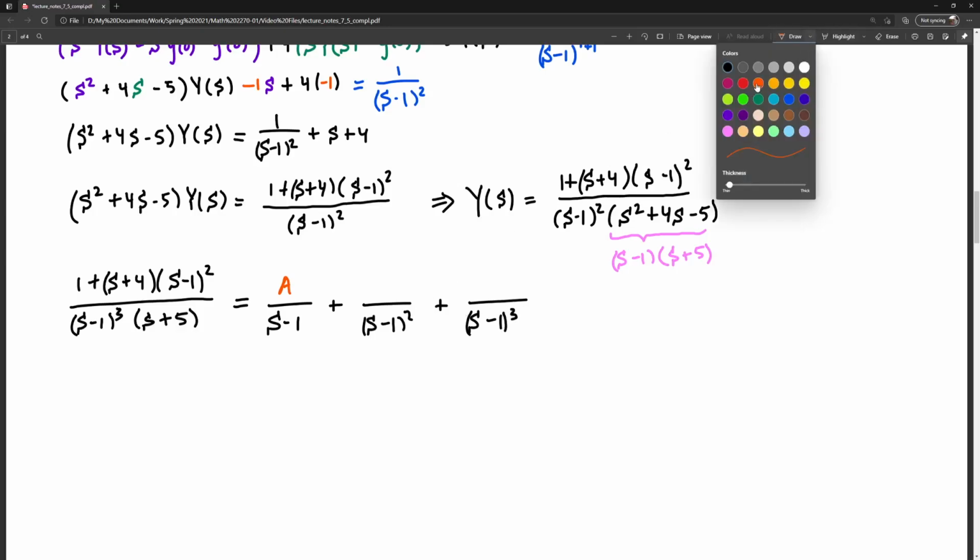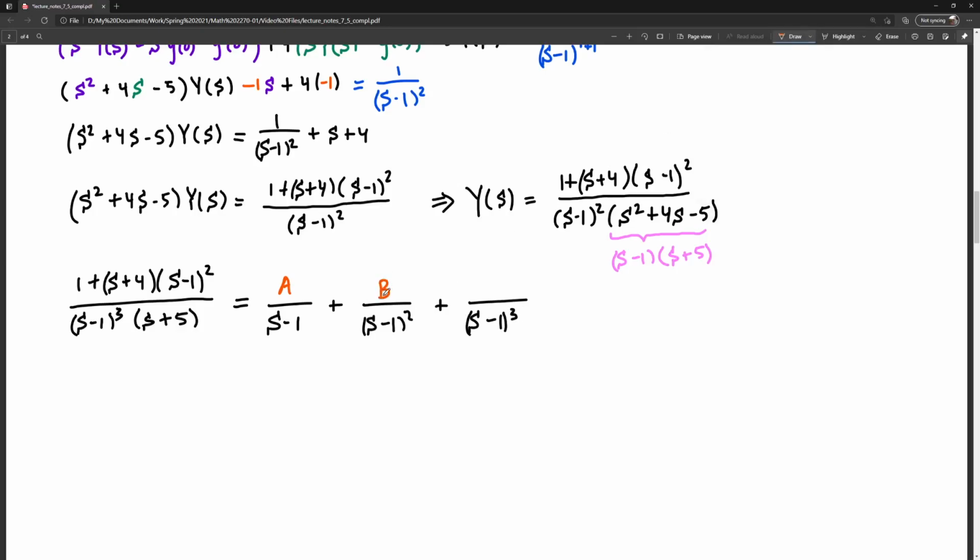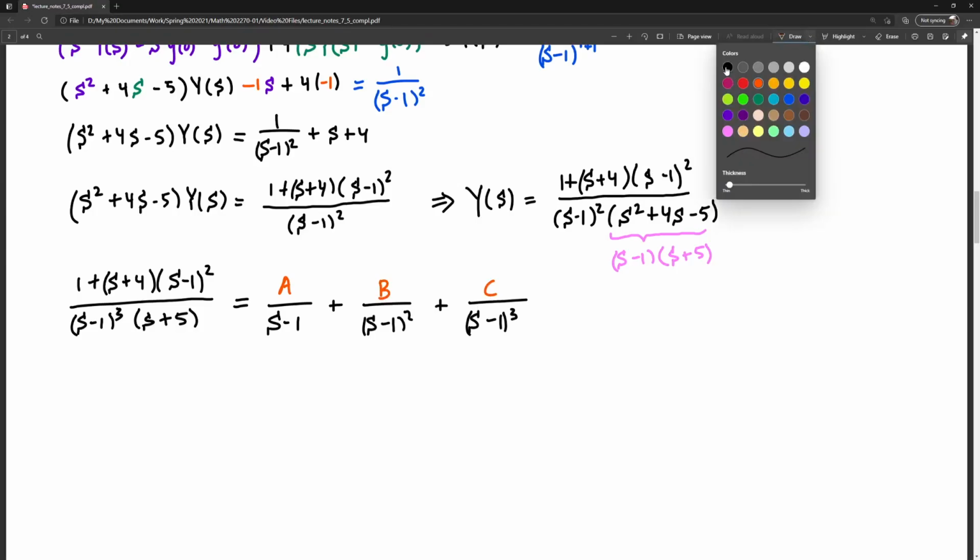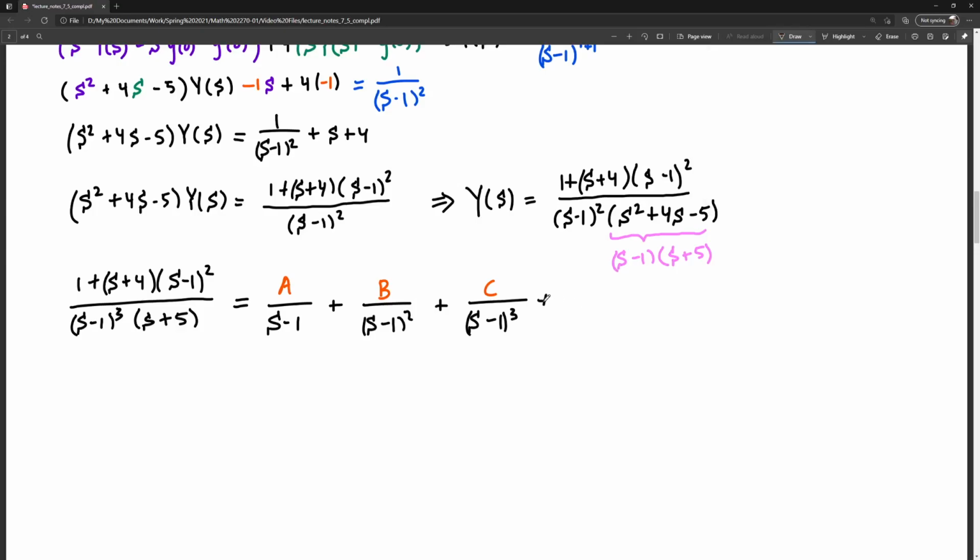So then we have B and then C here. And then we also have s plus 5 show up as a decomposed fraction, so plus D.